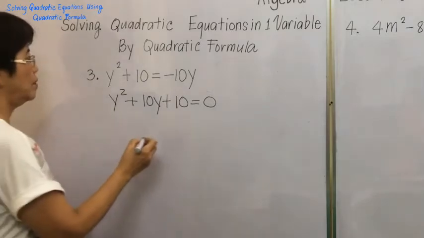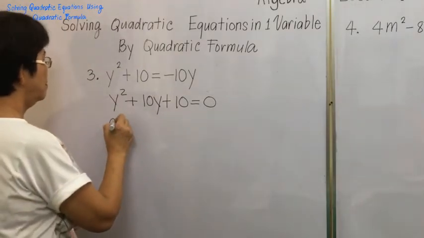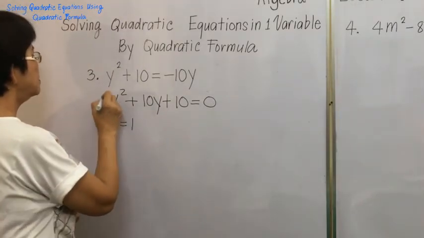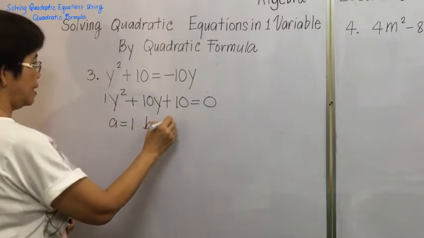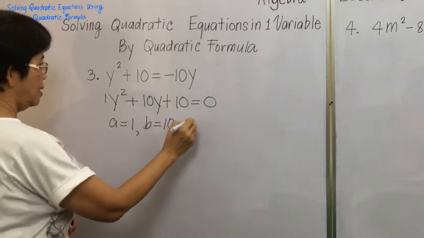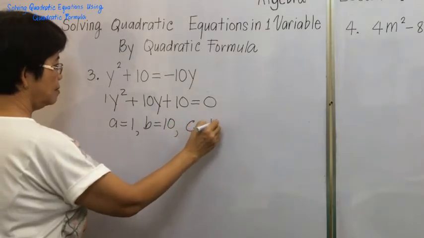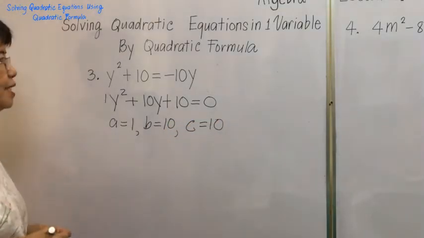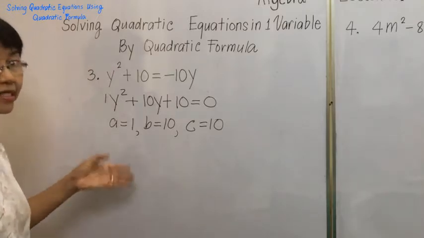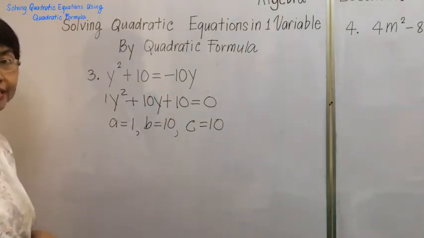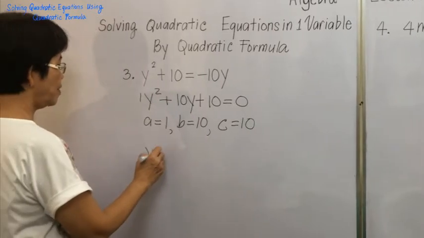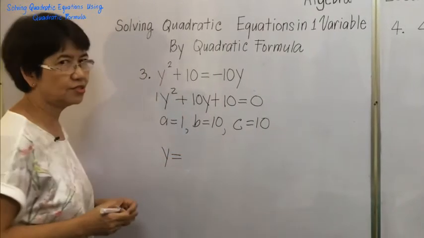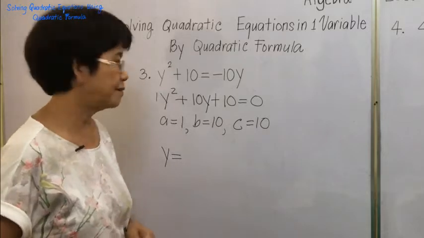And then we have a is equal to 1, b is equal to 10, and c is equal to 10. Then solving for y instead of x, because our variable is y.